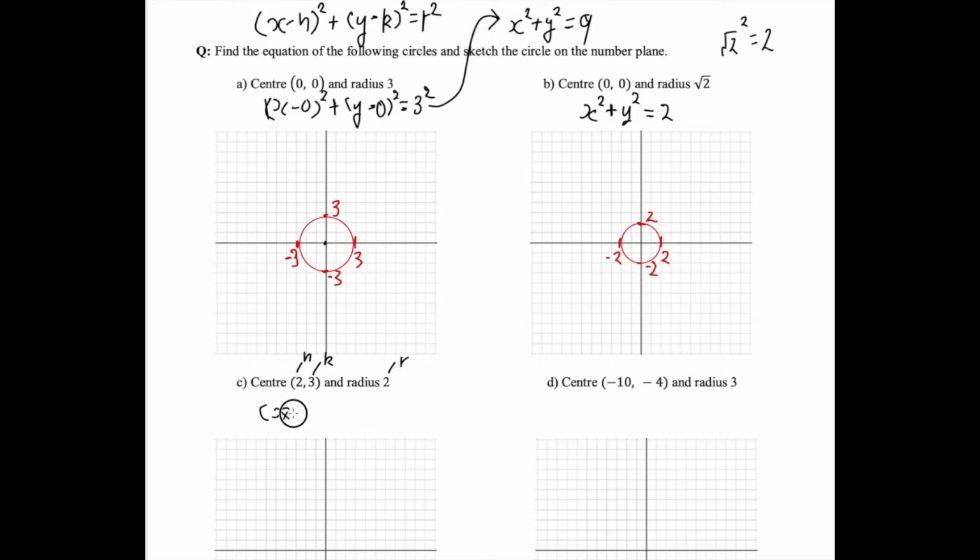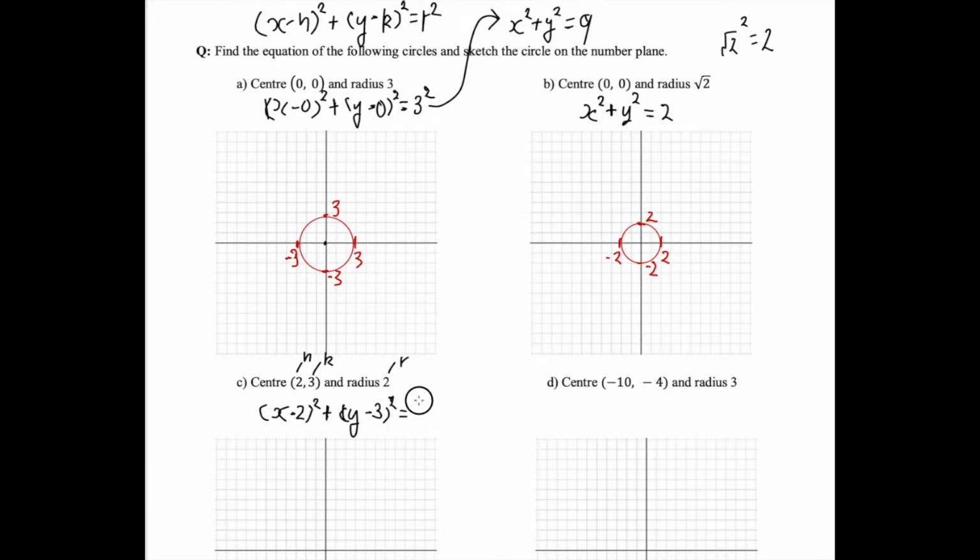In this case, the h is 2. Minus 2 squared plus y minus 3 squared and that's equal to r squared.